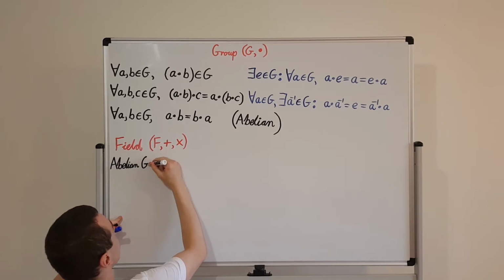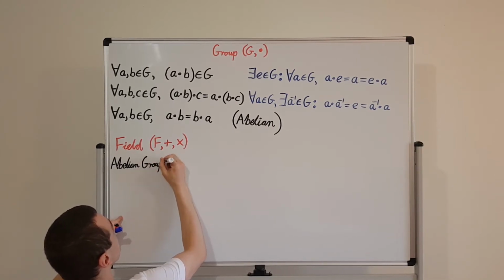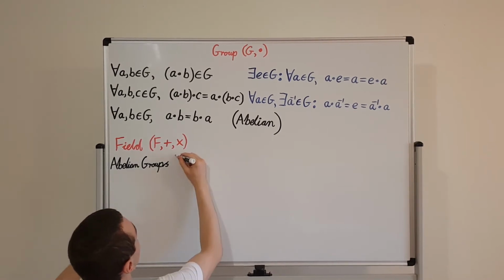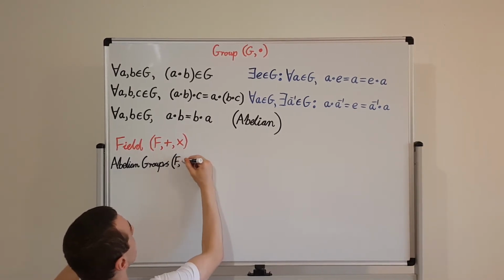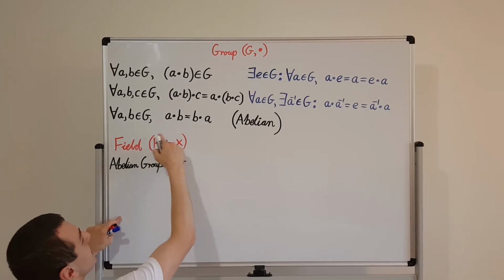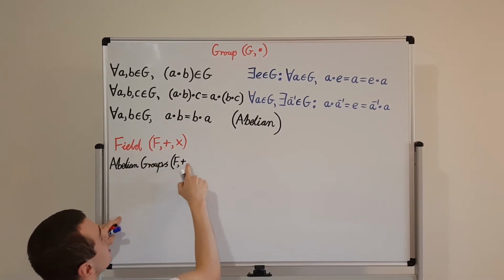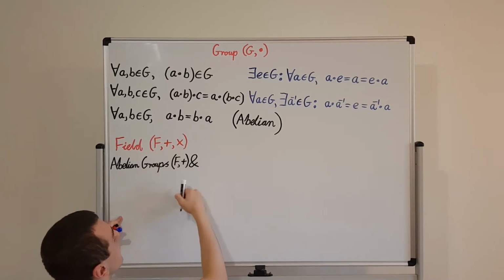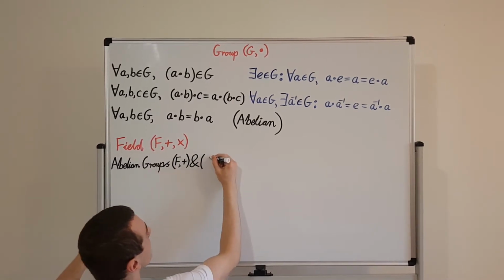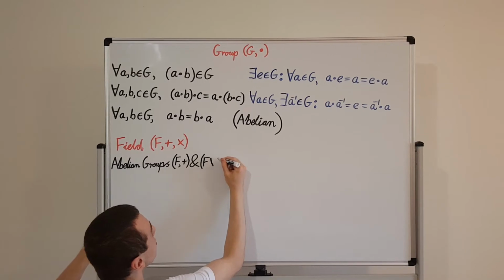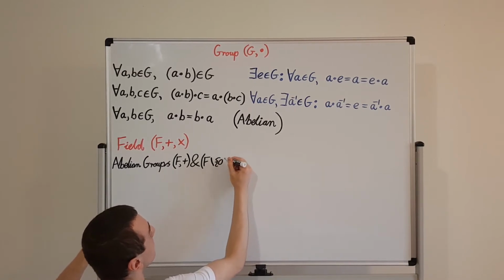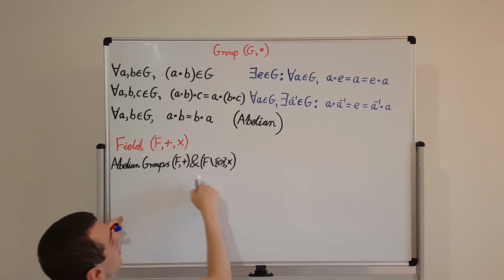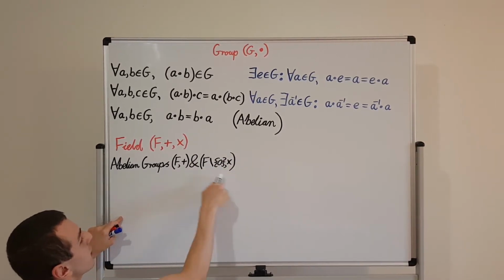But it's not as simple as that. So I'll write it down formally. So we have two abelian groups. One of those abelian groups is going to be F with addition. So F is the set, the field, and addition is the operation. And the other one of these abelian groups is going to be the set F excluding the zero element with multiplication. So these guys are both going to be abelian groups.